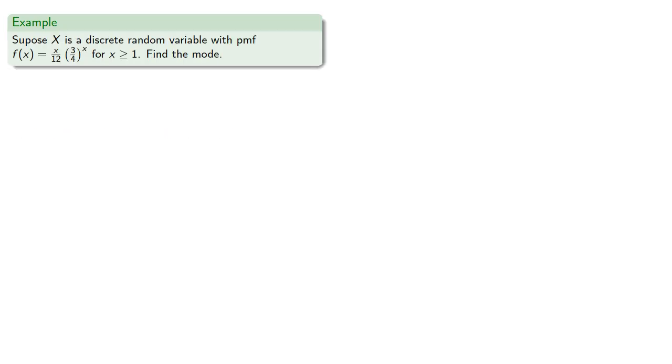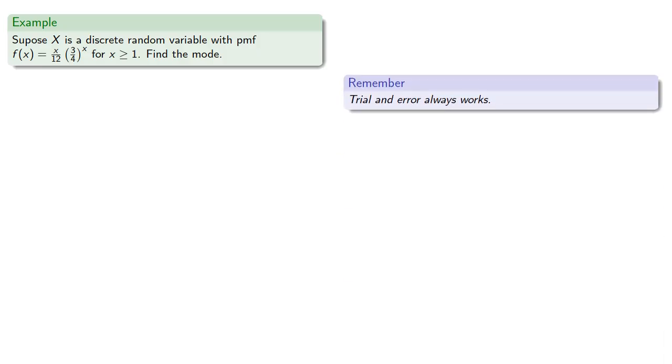Or suppose we have an actual function for a PMF. So remember, trial and error always works. We can find the probability that n equals 1, 2, 3, 4, and so on.